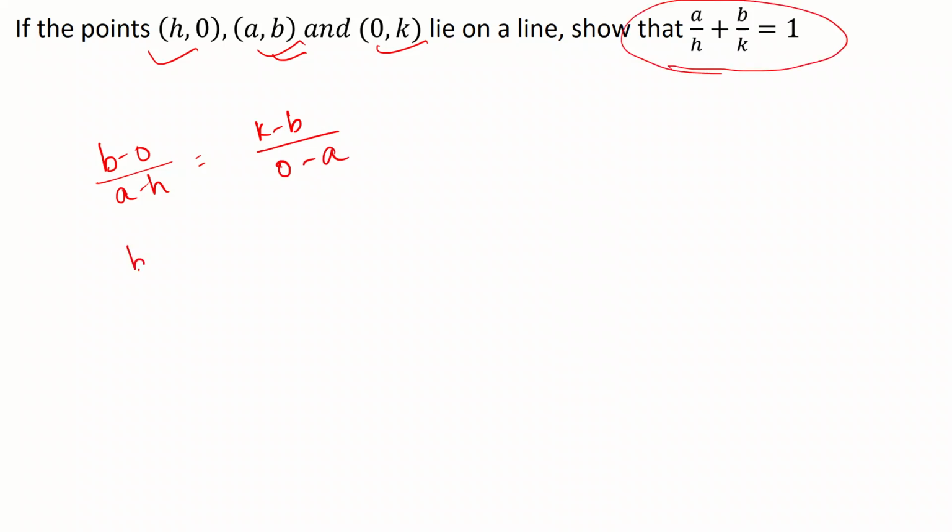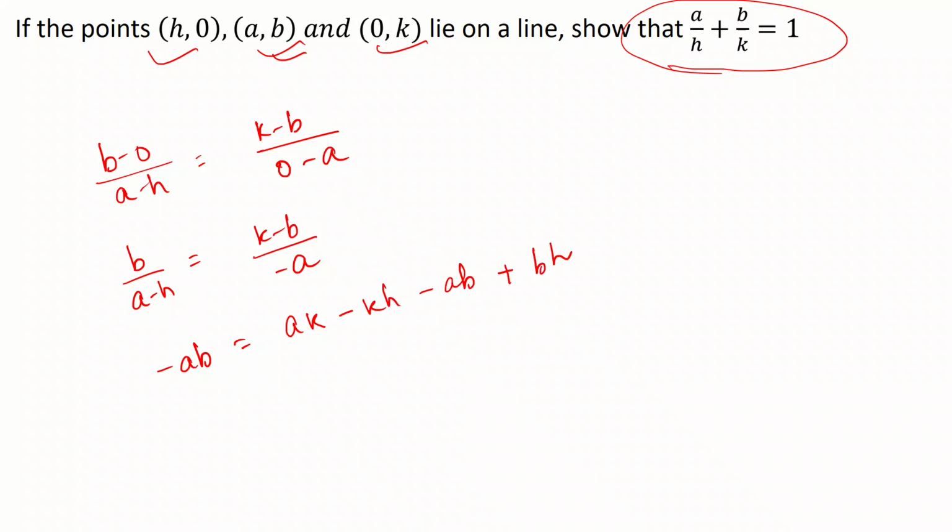So I get b by a minus h is equal to k minus b divided by minus a. I cross multiply, and I get minus ab is equal to ak minus kh minus ab plus bh.